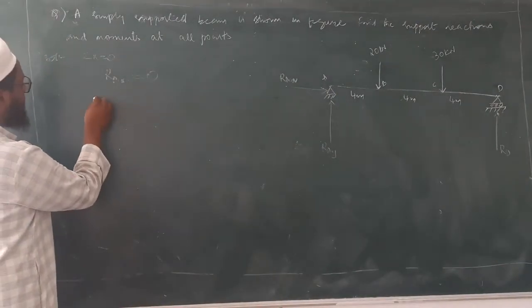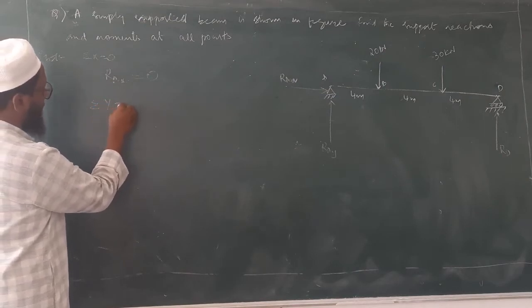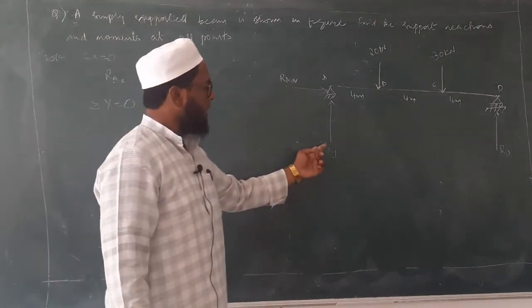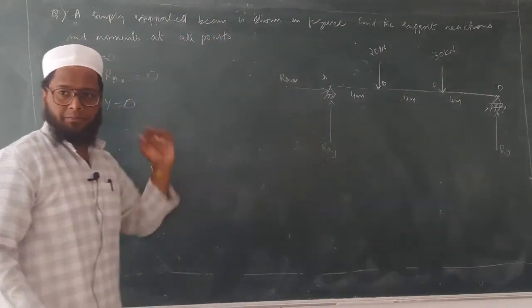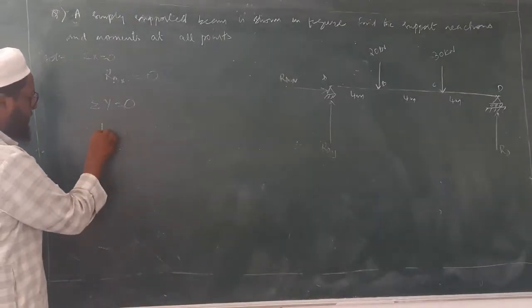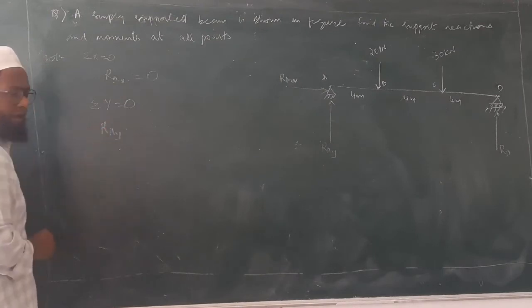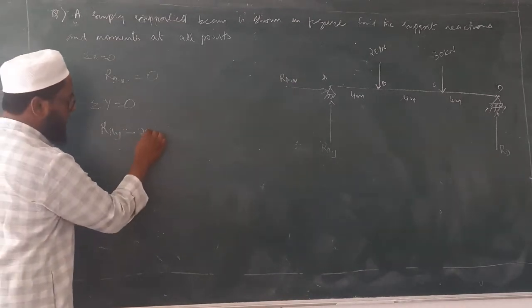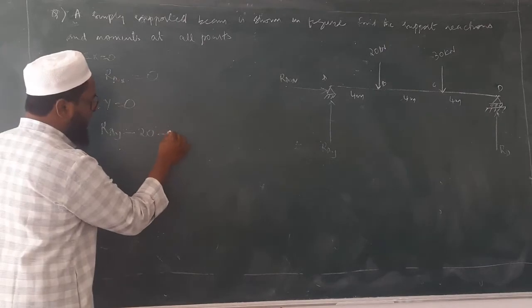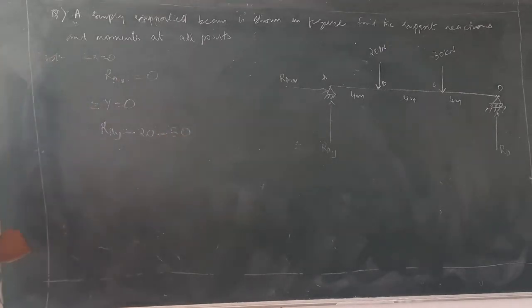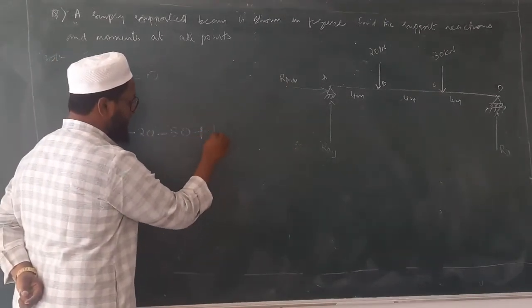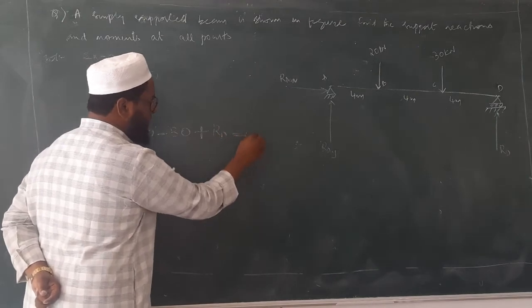Now we'll go for sigma y is equal to 0. How many vertical forces are there, you see? RAY, which is going in upward direction. RAY, then minus 20, minus 30, then plus RD is equal to 0.